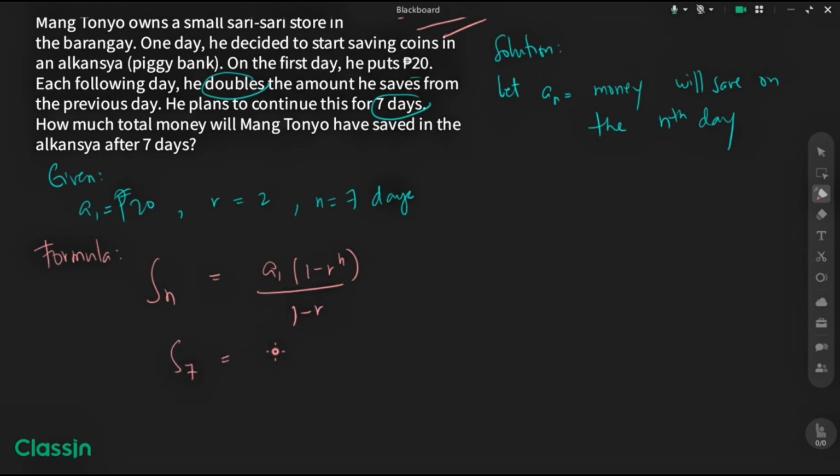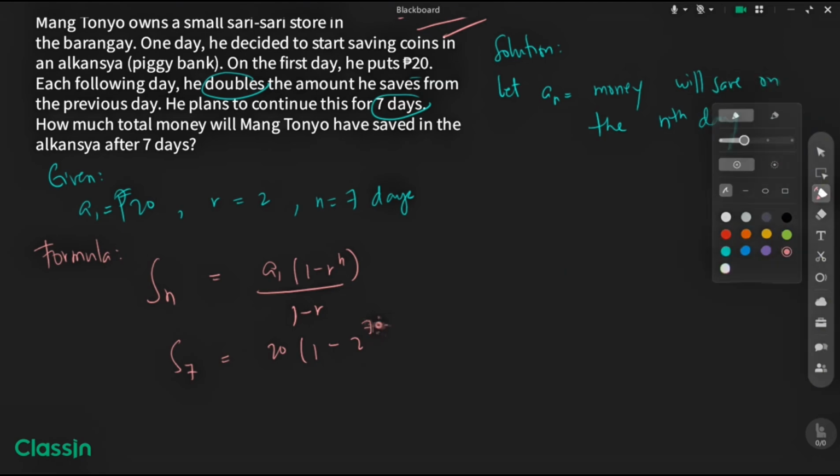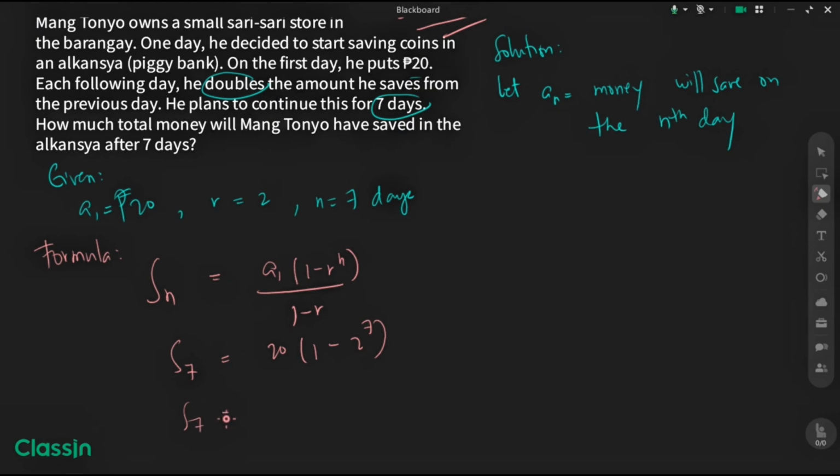So S sub 7: the first term is 20, times 1 minus 2 raised to 7, all over 1 minus 2, this is our r.